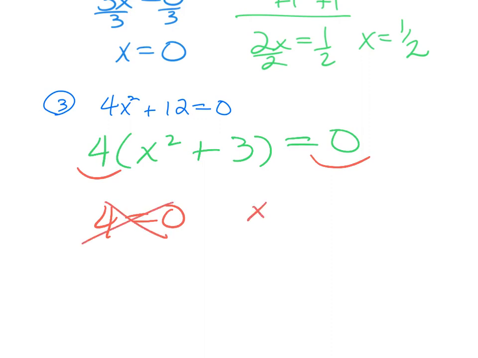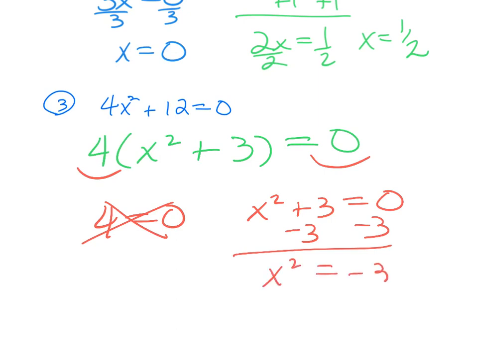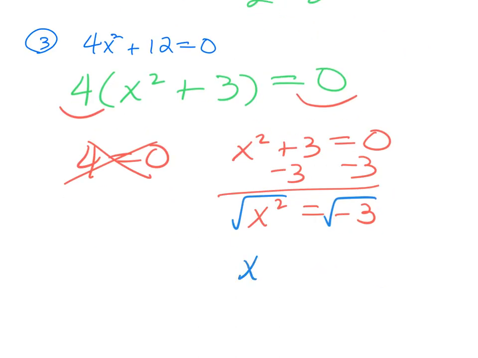But I would set the x squared plus 3 equal to 0. Subtract the 3. x squared equals negative 3. I need to use the square root method. x equals plus and minus i radical 3.